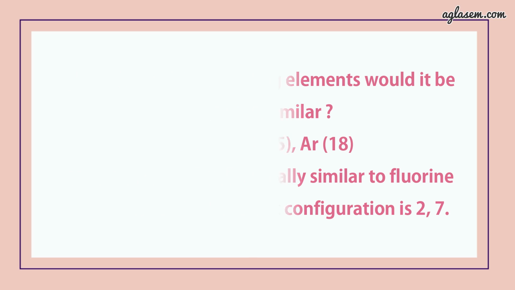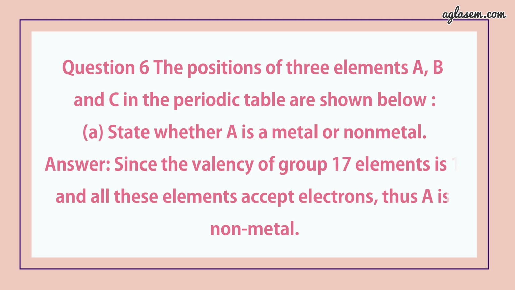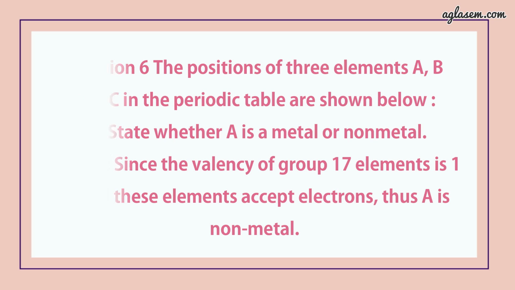Now question number 6 says, the positions of 3 elements, that is A, B and C, in the periodic table are shown below. Part 1 says, state whether A is a metal or a non-metal. Answer is, since the valency of group 17 elements is 1 and all these elements accept electrons, thus A is a non-metal.